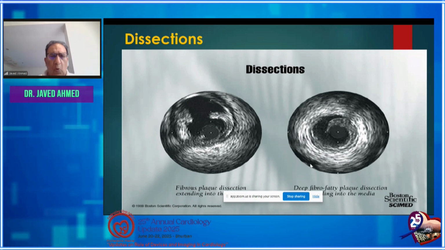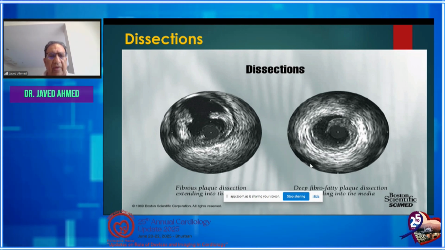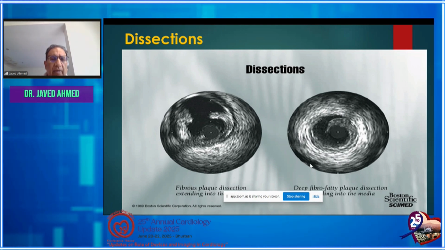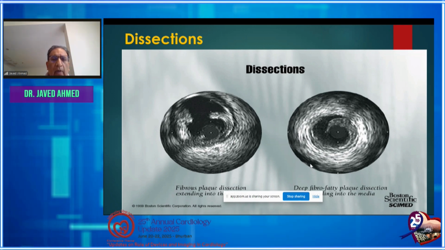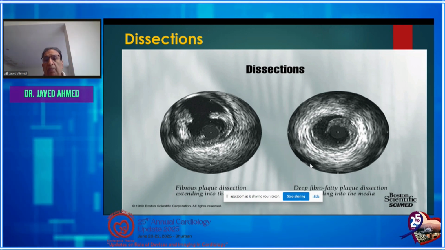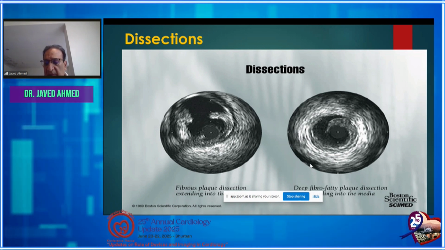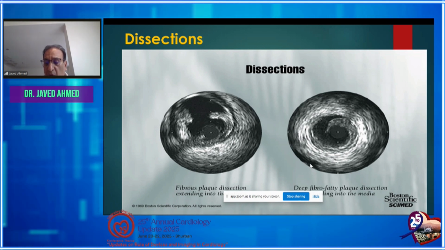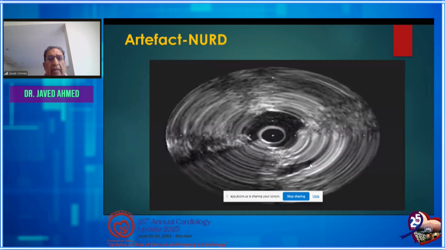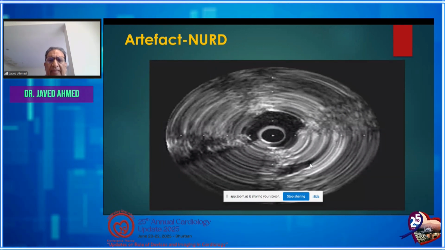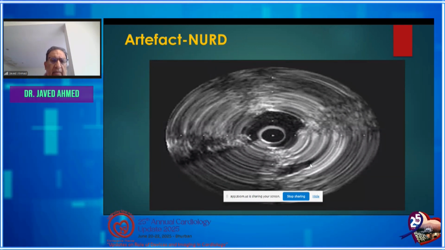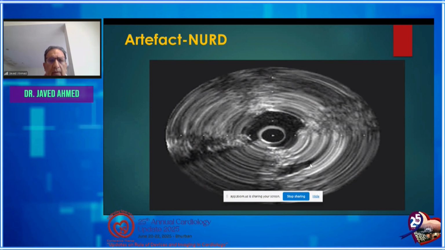There can't be any more clear picture than that, because the simple way to recognize dissection is when there is a break in the intima, or when the break extends into the media, that is a dissection on intravascular ultrasound. And this is just an artifact, and this usually indicates that the catheter is bent. Then you have to use a new catheter.